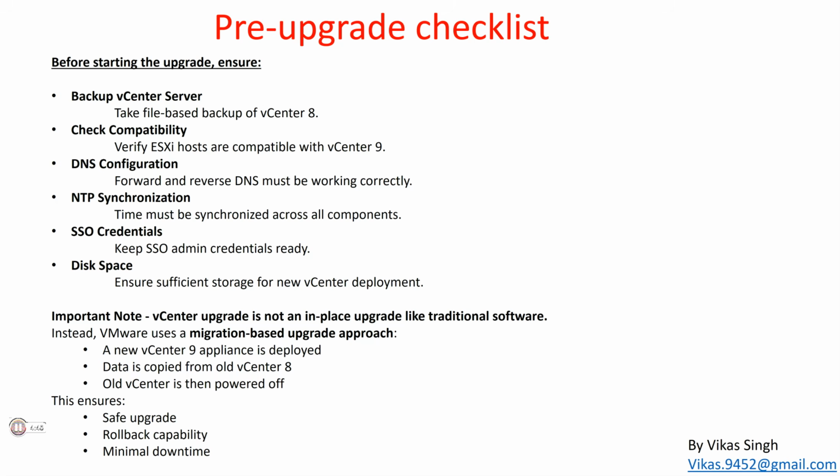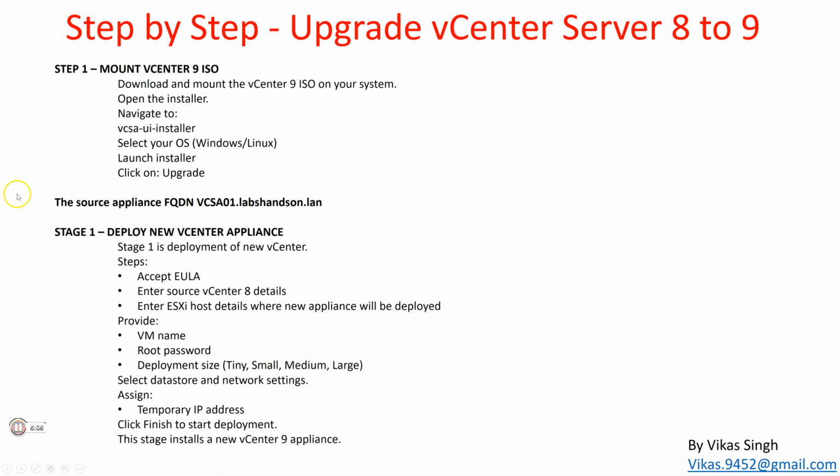DNS configuration: make sure you have forward and reverse lookup zones created and working for the vCenter server. NTP synchronization: time must be synchronized across all the components. SSO credentials: you should have an admin SSO credential for vSphere, and enough disk space in the datastore to deploy a new vCenter appliance. These are the few things you need.